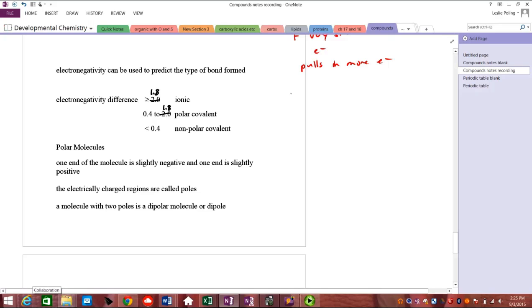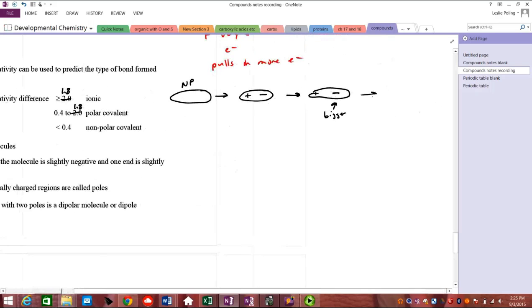Okay? Because really what we have is nonpolar, no charges. And then we go to, okay, we've got a plus and a minus. And then we finally have where the plus and the minus are separate.